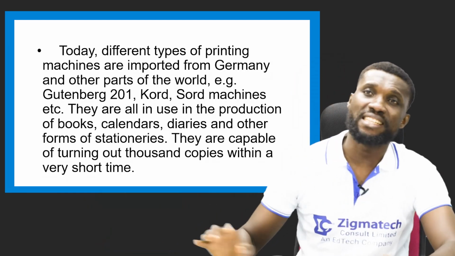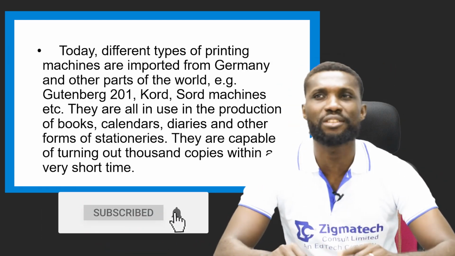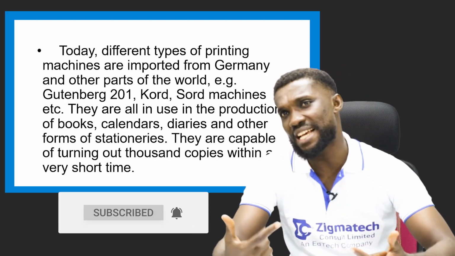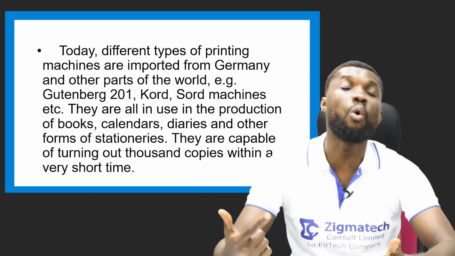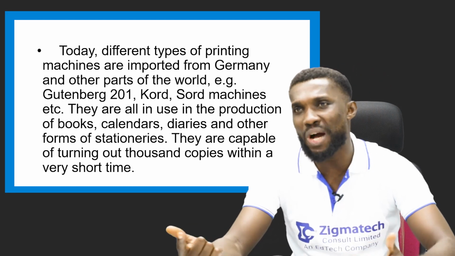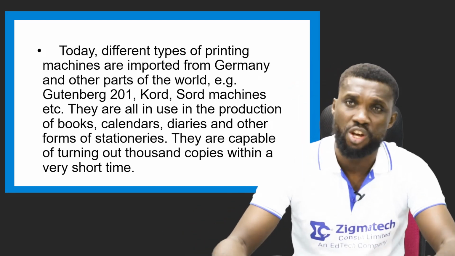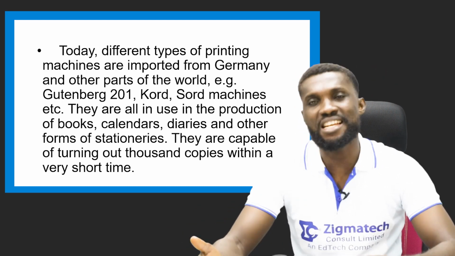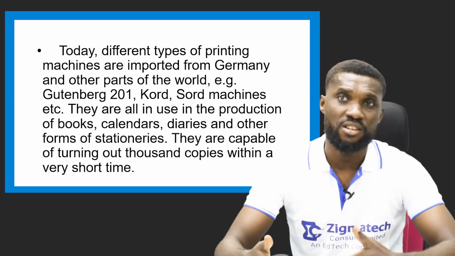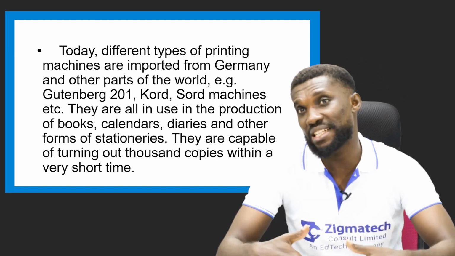All right, so today, different types of printing machines are imported from Germany and other parts of the world. Examples are the Gutenberg 201, the cord machine, the sword machine, and the DI machine, where DI means direct imaging. So these are other machines we have for printing currently.